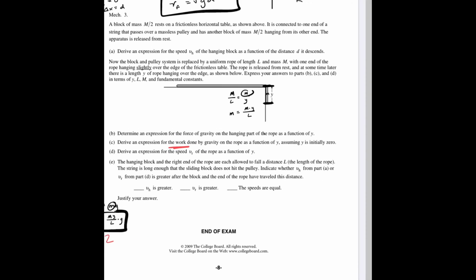Part C, derive an expression for the work done by gravity on the rope as a function of y, assuming that y is initially 0. All right, so expression for the work done by gravity. So let's go ahead and approach C. We'll do this right here. I'm running out of space. Part C. So how do we relate work and force?